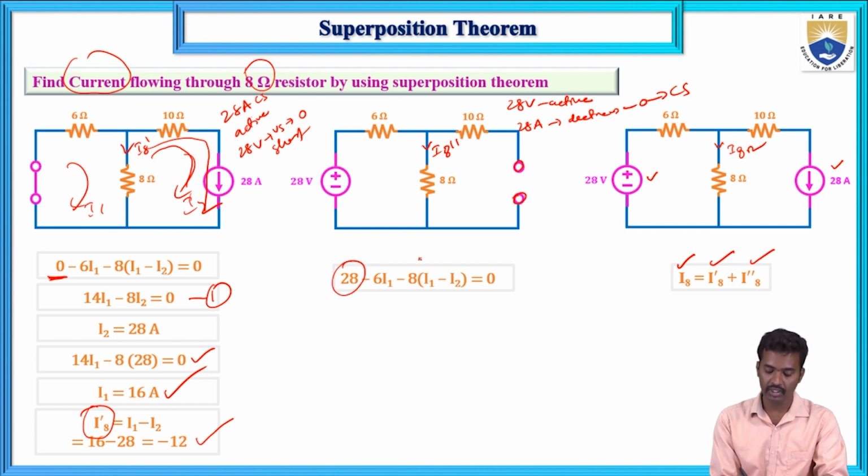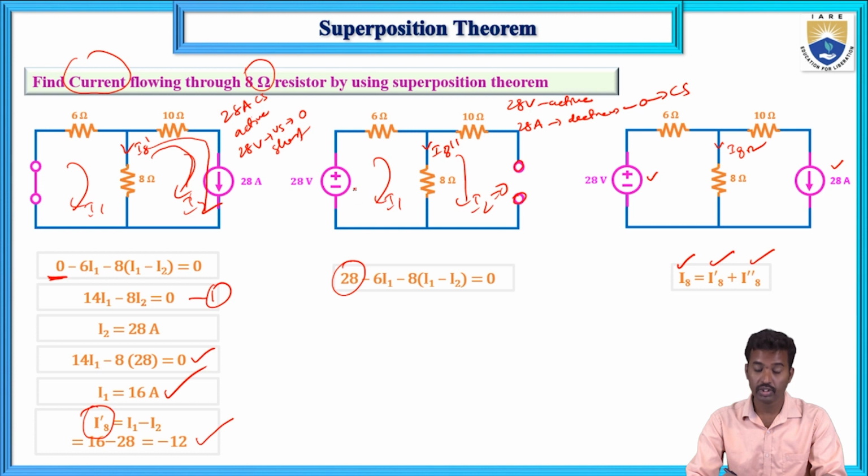28 volts is active and this current source is deactive, means I2 value is 0. This is I1 and this is I2. I2 equals 0 because this is open circuit, current value is 0. Minus 28 is the rising voltage EMF 28, and 6 into I1, that is minus, and 8 into I1 minus I2, this is also minus, that is resistive drop.